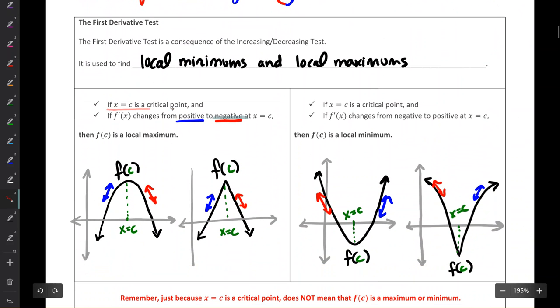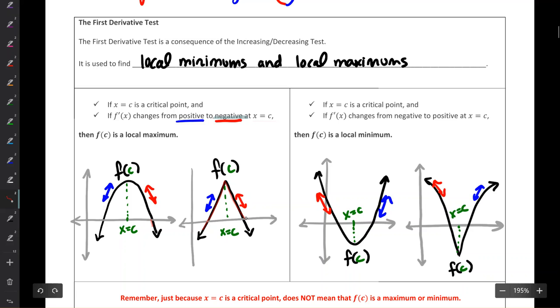If x equals c is a critical point, meaning the derivative is either 0 or undefined at that x value, and my first derivative is changing from positive to negative, meaning my function, right here, positive slopes, then here are negative slopes. So my function is changing from increasing to decreasing. I must have some sort of little hill. Maybe my hill looks like this.